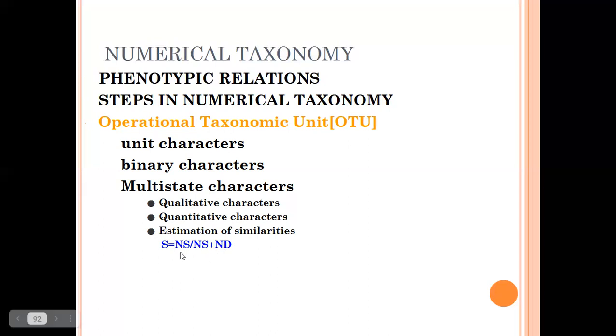S is equal to similarity coefficient, NS is equal to number of similarities between OTUs, operational taxonomic units, and ND is equal to number of dissimilarities between OTUs.